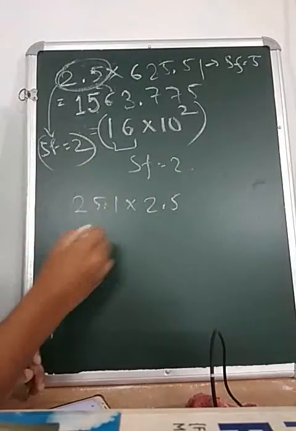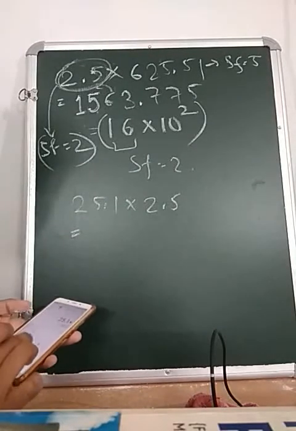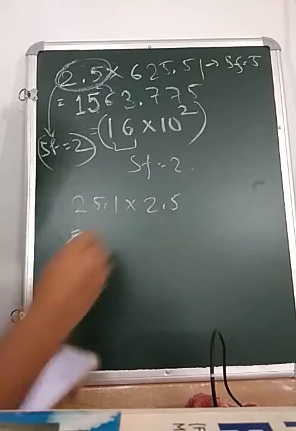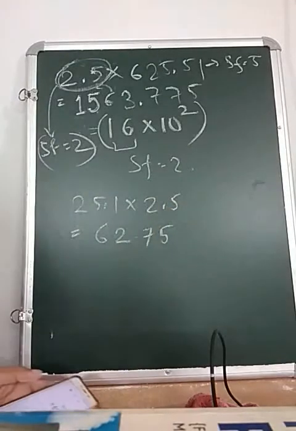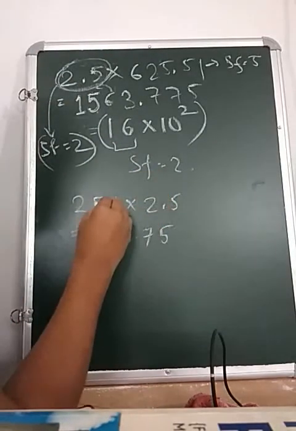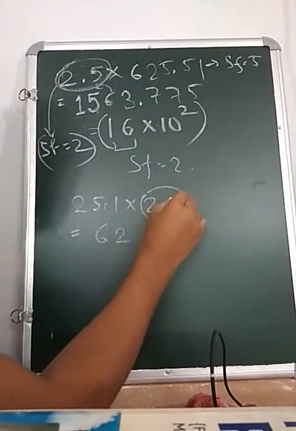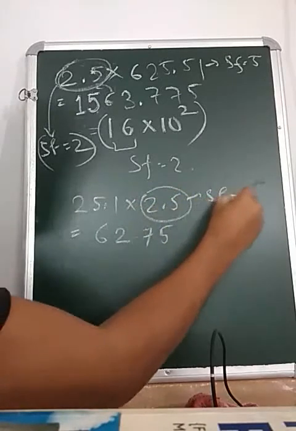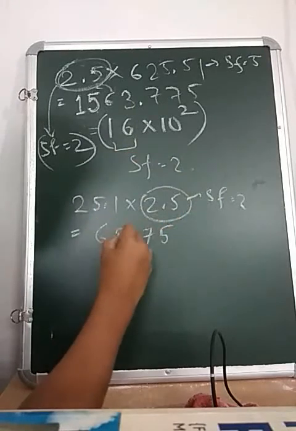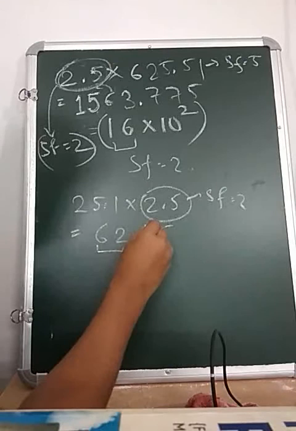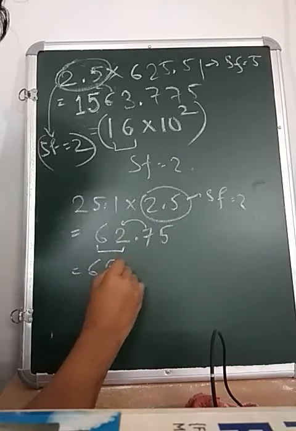Okay, so what will be the result? 25.1 into 2.5. So the result will be 62.75. Okay, so what is the significant figure? The least is 2.5, whose number of significant figures is 2. So we have to convert the result to two significant figures. So what will it be? 6, 2. After this we have to round it. Here 7 is greater than 5, so we add 1. 63.